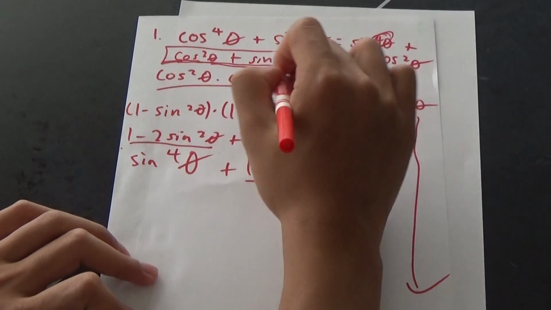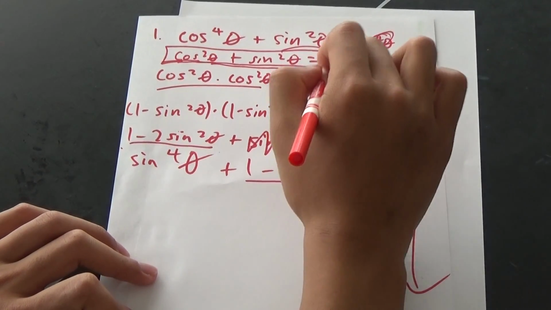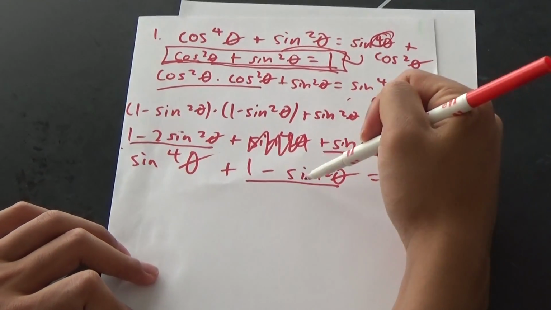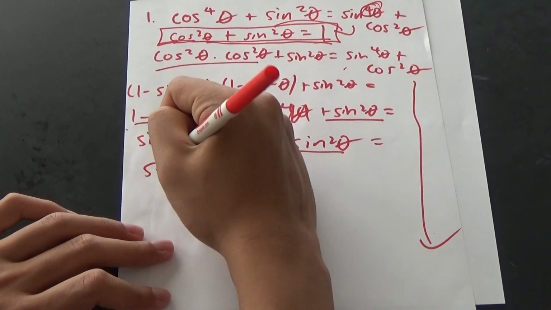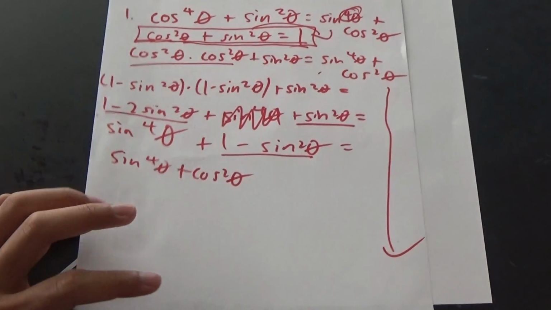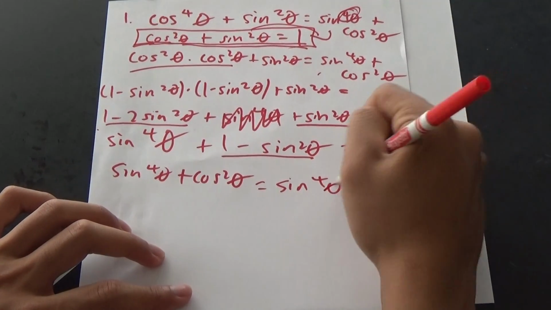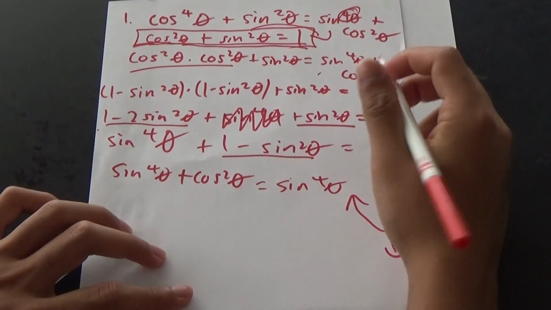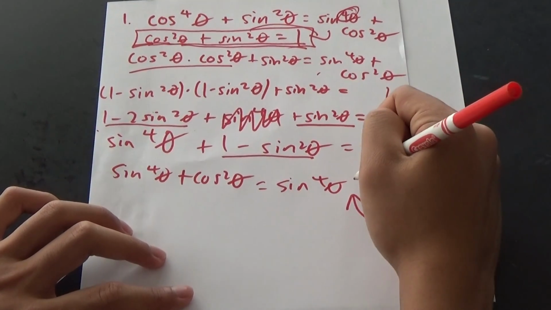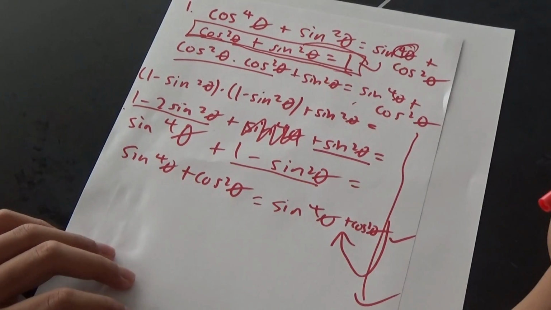Because cosine squared equals 1 minus sine squared, which is what you have here. So let's go ahead and replace that. Plus cosine squared, and there you have it, guys. Equals sine to the 4th plus cosine squared, and your proof is complete.